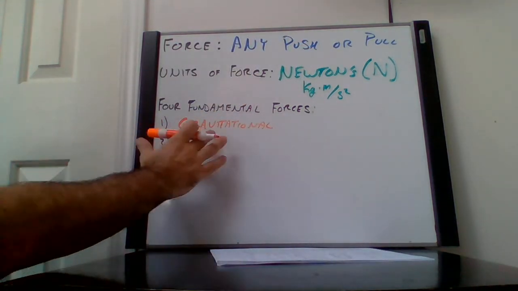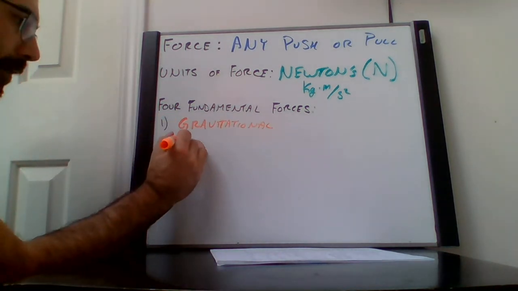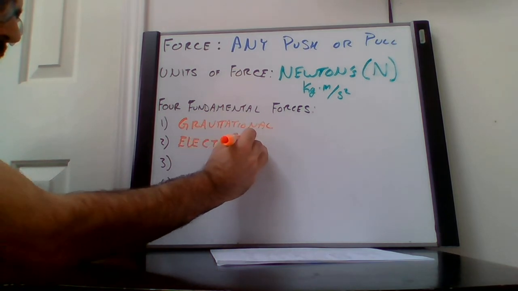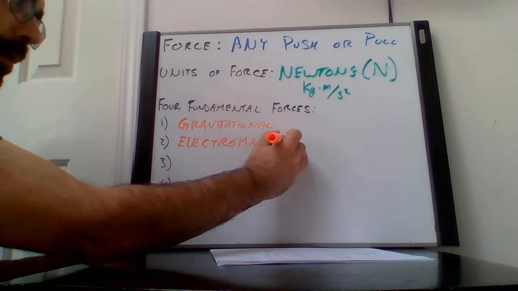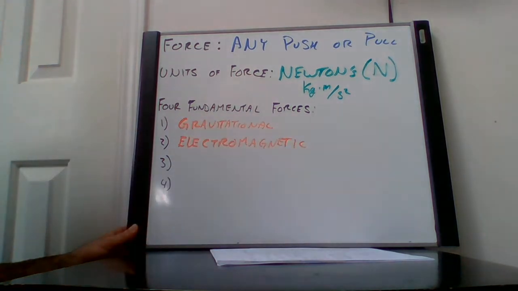But we're going to start off talking about the gravitational force. We also have the electromagnetic force. We're not really going to deal with that one too much in this course.